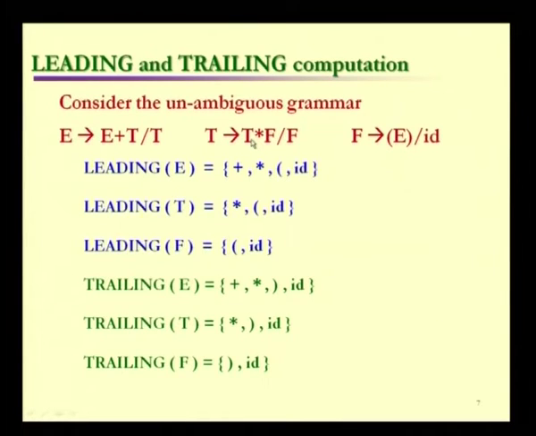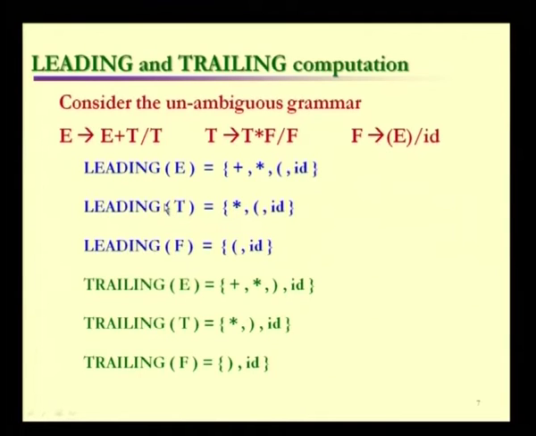When we expand F, it is not recursive, the expansion stops, because we find opening bracket as the first terminal, or it can even be ID also. So, as far as F is concerned, open bracket and ID are the first terminals. So, all the 4 terminals are coming as the outcome for the leading set of E. So, it includes plus from E plus T, star from T star F, opening bracket from opening bracket E closing bracket, and ID from F derives ID.